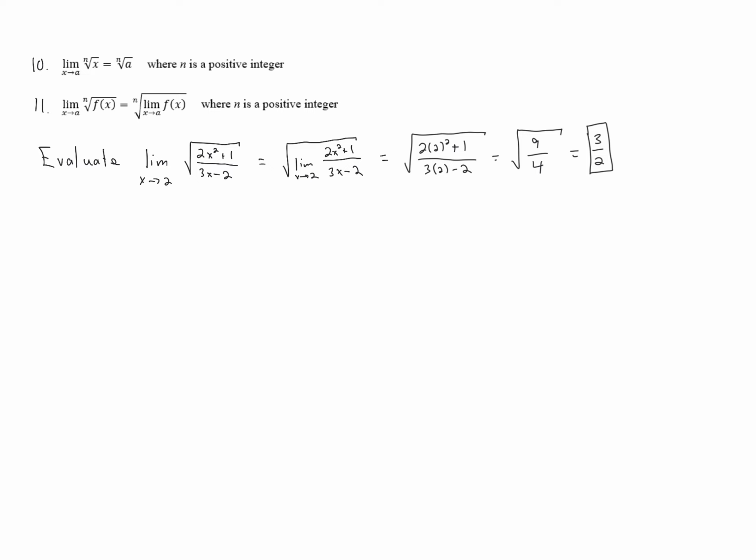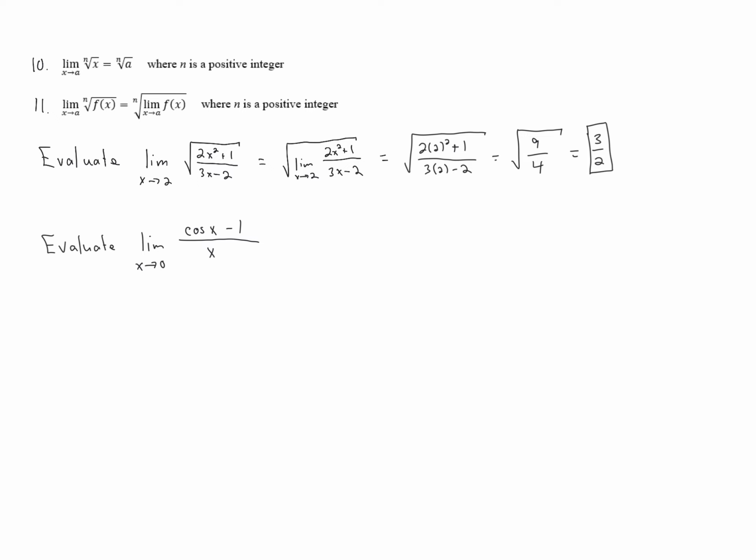Now, I want to look at one more limit really quick before we finish. Let's evaluate the limit as x approaches 0 of (cosine of x minus 1) all over x. Now, this is a limit where we cannot use any of the laws that we've seen today, because none of this involves polynomial functions or radicals.